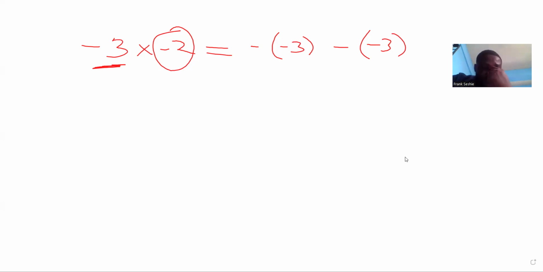I am subtracting them. So in that case, my result is going to be 3 plus 3, because we have learned that if you have 2 negatives in between numbers or in front of numbers, it should result in a positive. We have done that intuitively in our previous lesson. So this gives us 3 plus 3, which is 6.